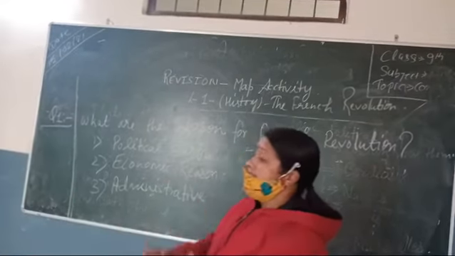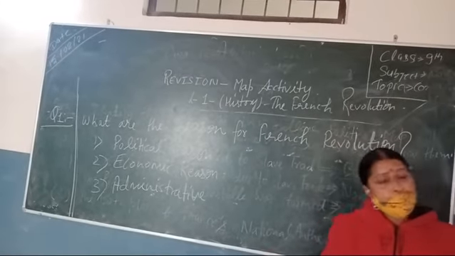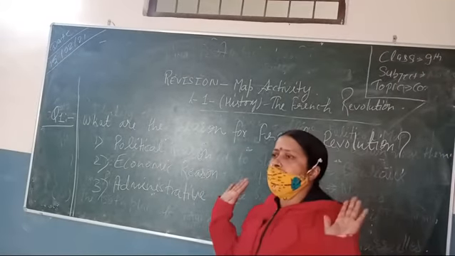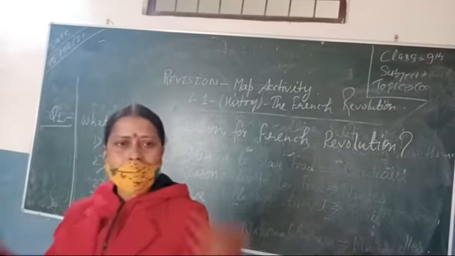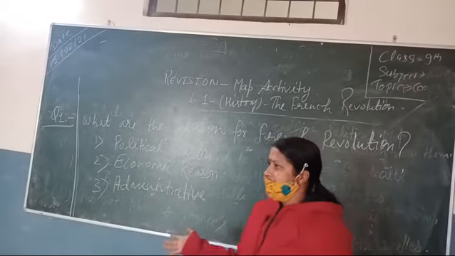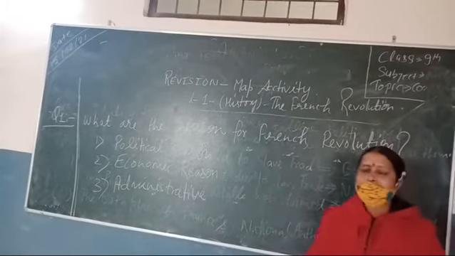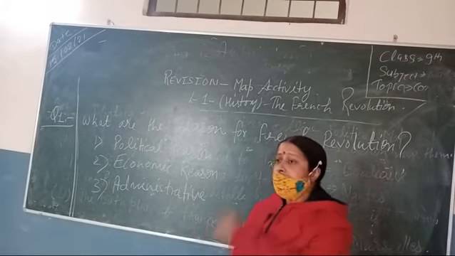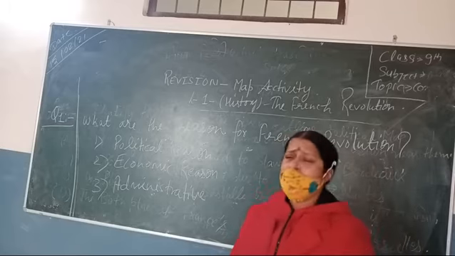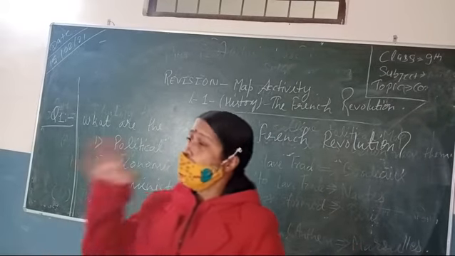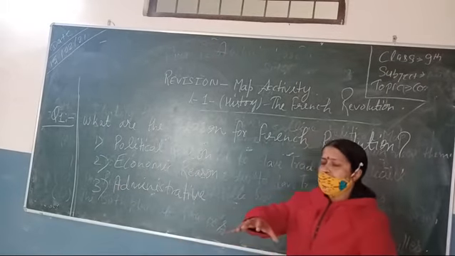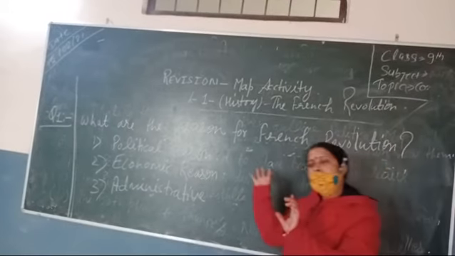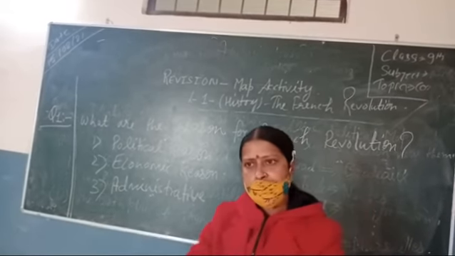And the king compelled them; he didn't bother whether there was crop failure or whatever the condition in the market, but he wanted to collect the revenue or tax from the third estate people. Then again the question is that it was the poorest section of the society, and only on them was the heavy burden of taxes.